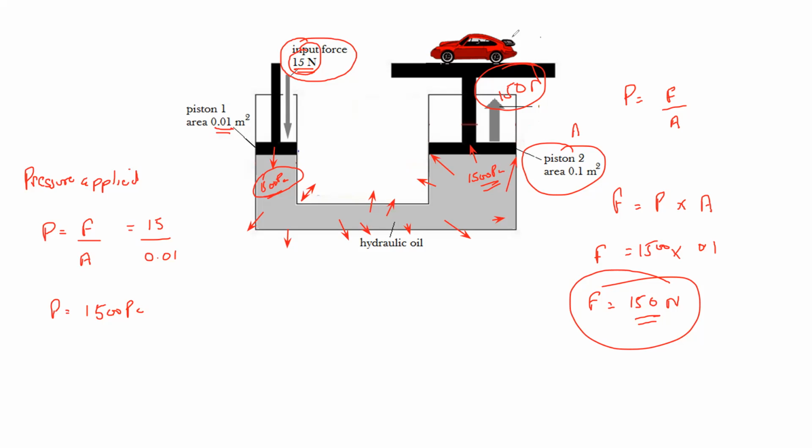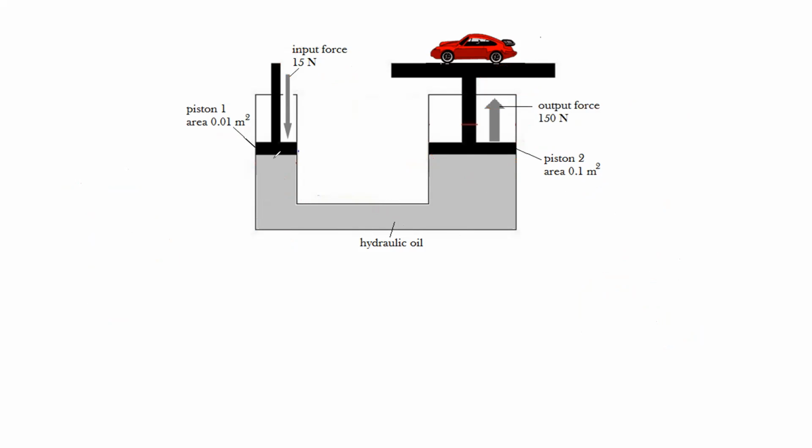So I will repeat, look, according to Pascal principle, what pressure we applied on the liquid, the same pressure will be applied on the right hand side. That's the Pascal principle.